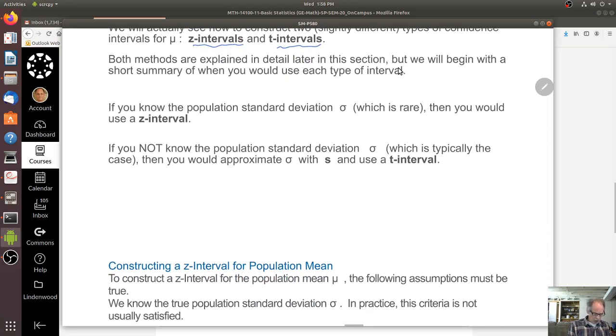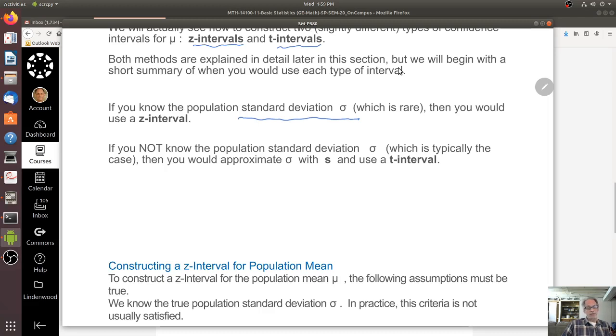If you know the standard deviation of the population, some of you might have wondered about this already. We've had many problems where we're given the standard deviation of the population and we need it in order to calculate certain things. Well, if you don't know the mean, you're probably not going to know the standard deviation either. So it's very uncommon that you know the standard deviation of the population.